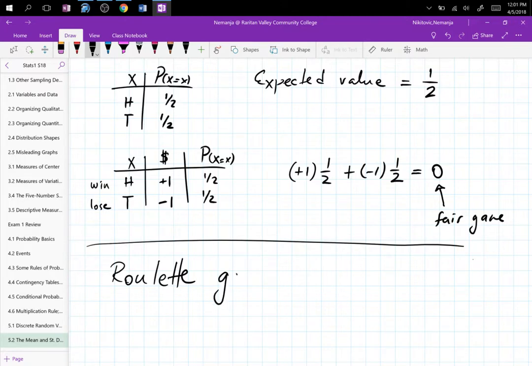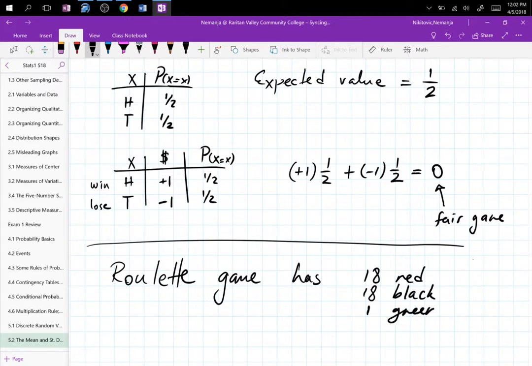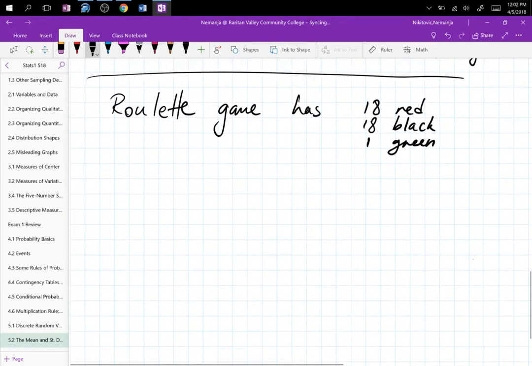So the roulette game has, well, let's do it this way. Roulette game has 18 red, 18 black, and 1 green. Now, when the roulette game is fair, you throw a ball, that ball bounces around. If there was no green field, this game would be fair, just like flipping a coin.